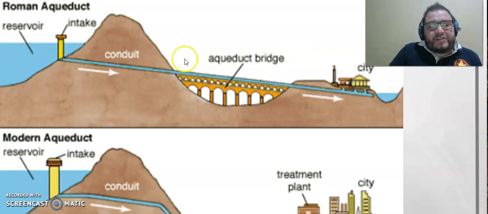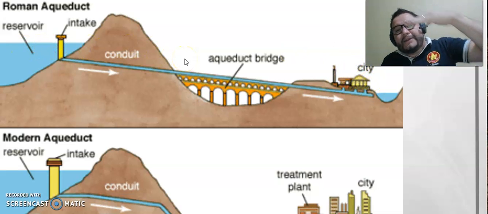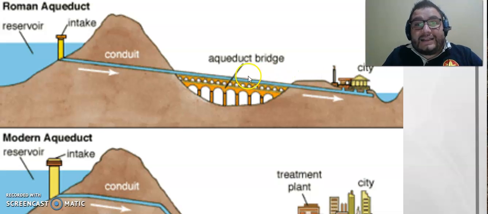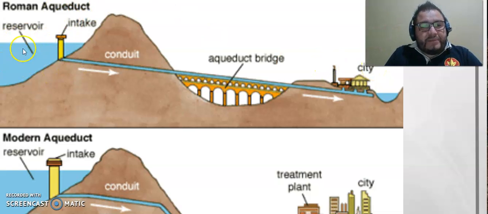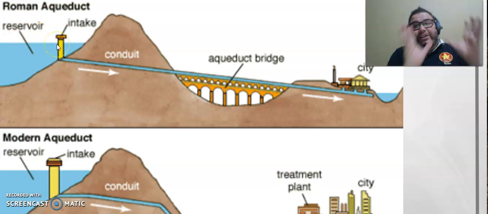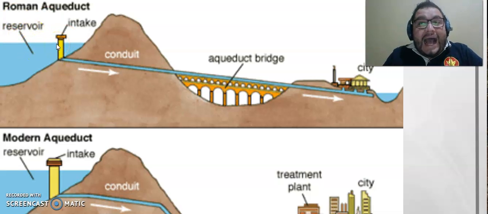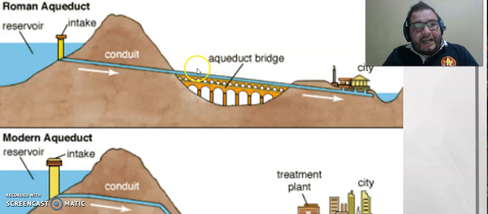This is the way. If you see, it's a slope, right? Yeah, it is. But the aqueduct bridge is only a little bit of slope, right? The most important thing that makes gravity move the water is the position of the water, which is higher than the canal. If you see, this is a little bit different in the position.